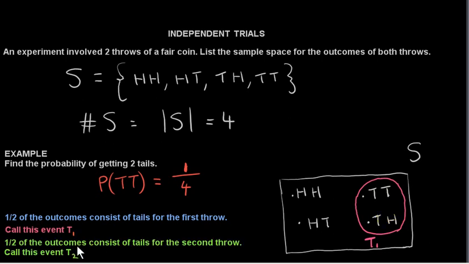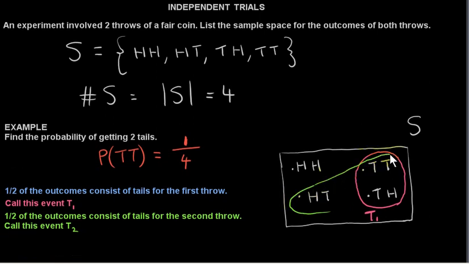We also see that half of the outcomes consist of tails for the second throw. That's not surprising, because the probability of getting tails is a half. So half the time tails will appear for the second throw. I'm going to call the event of getting tails for the second throw T2. Tails for the second throw looks like this.